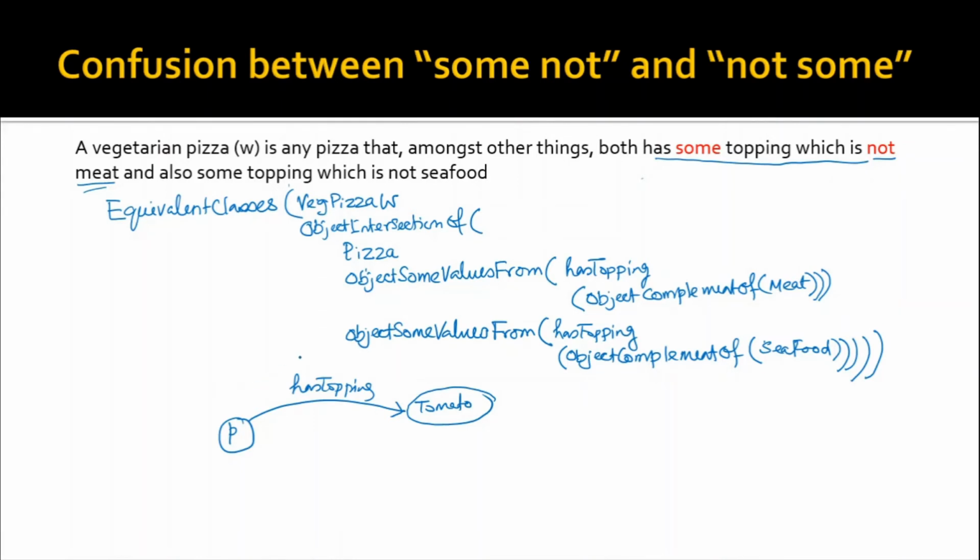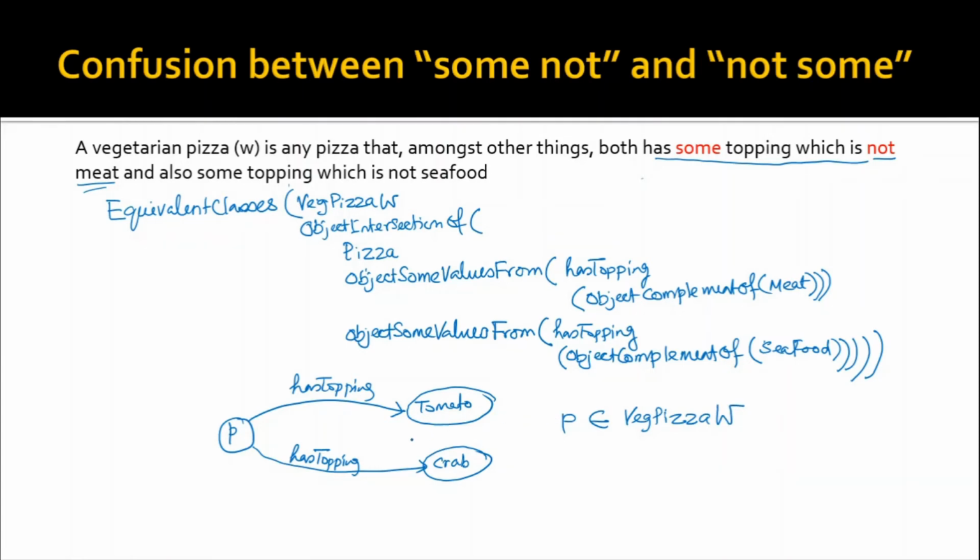So in that sense, you can say that this P would belong to veg pizza W, right? That is correct. But if we have another relation like has topping, say, crab. Now the question is whether this P would be a member of veg pizza W.